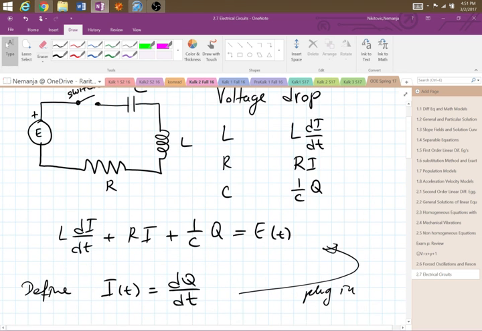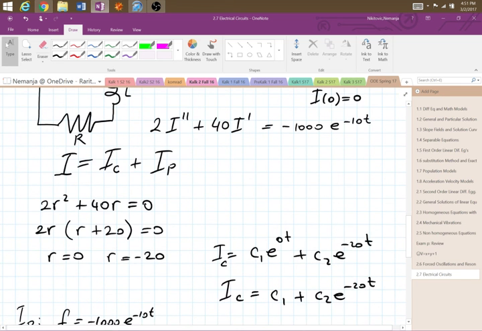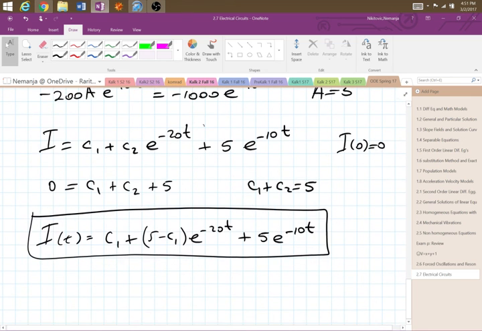That's my question. The first derivative of the current. Why would the derivative of current be 0? That's my question.